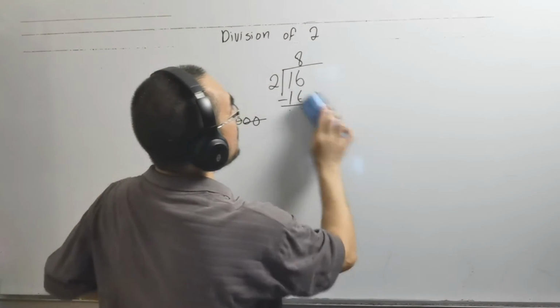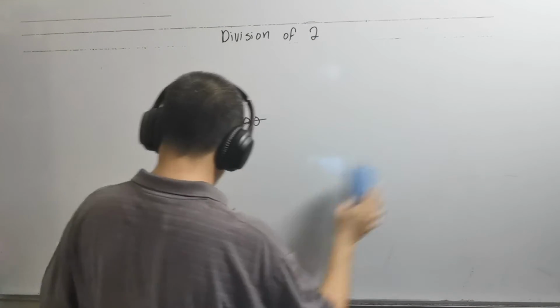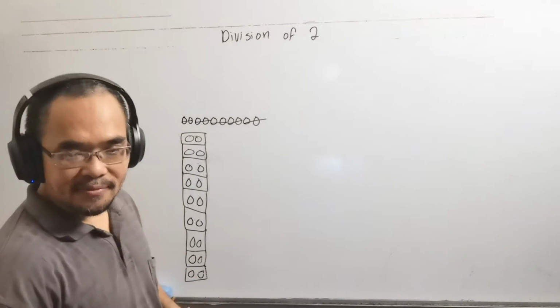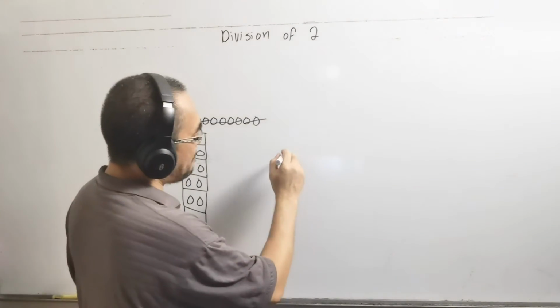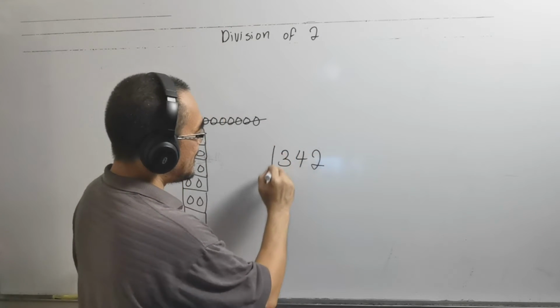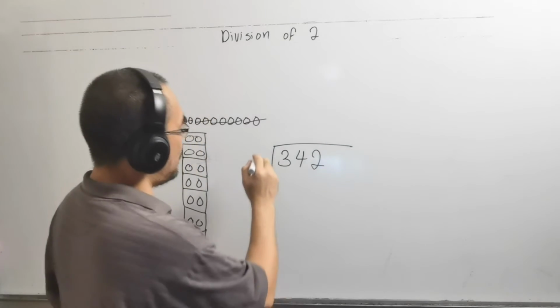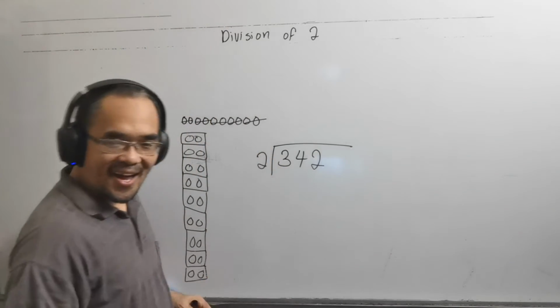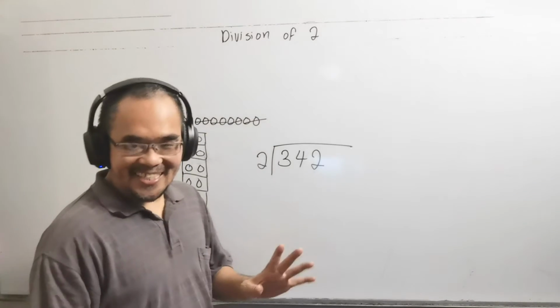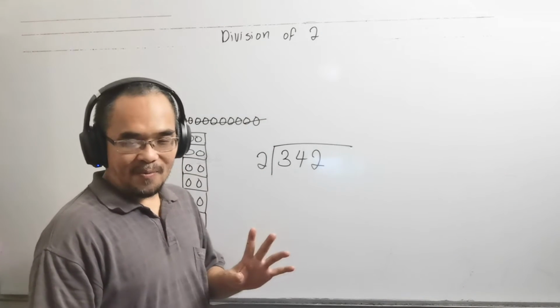We are going to do 3 numbers, for example, 342 divided by 2. Yes, that's what I'm going to teach you now.